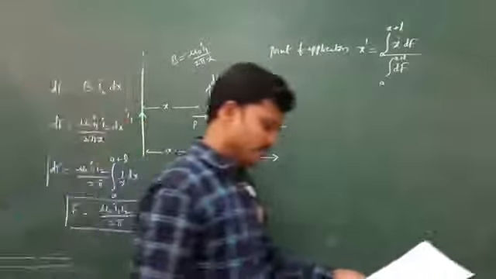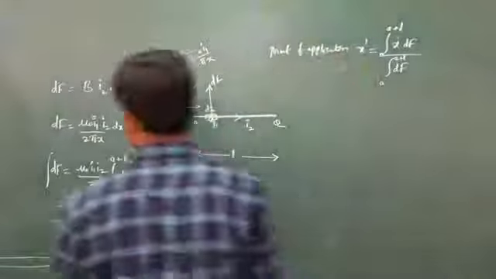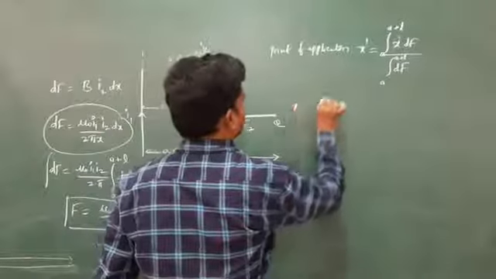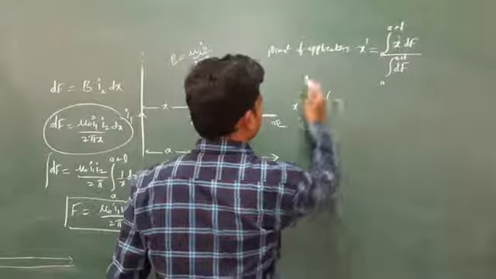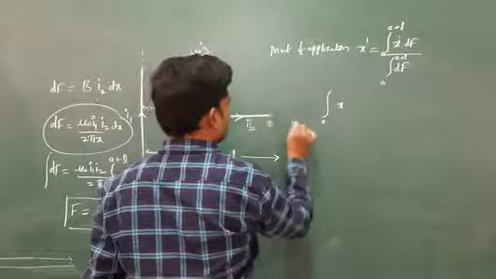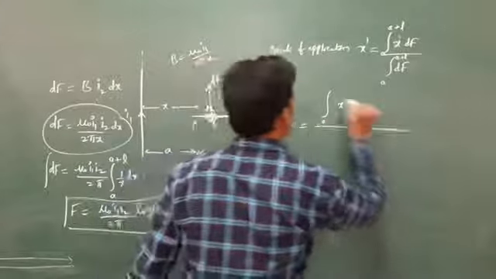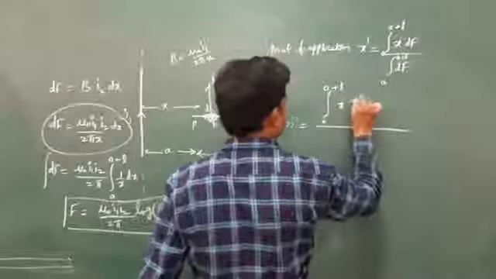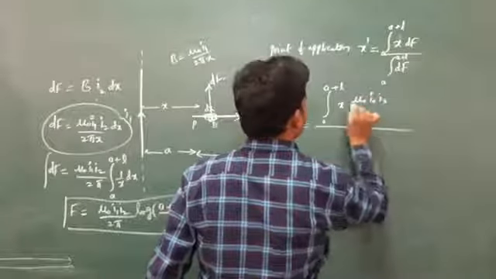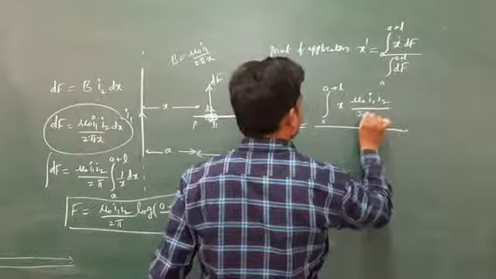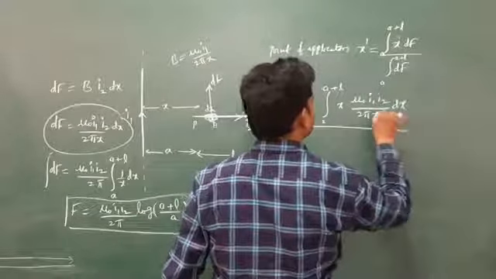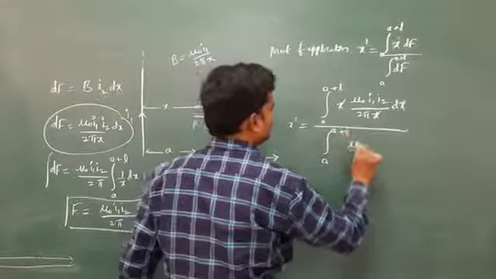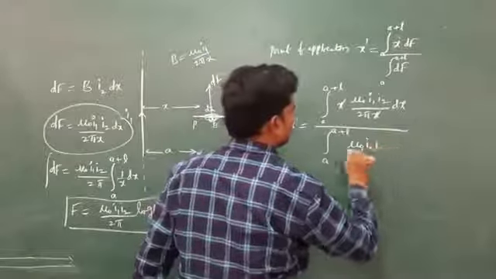What is dF? dF is mu naught I1 I2 by 2 pi x dx. So in the numerator the x cancels, and we get the integral from a to a plus l of mu naught I1 I2 by 2 pi dx.